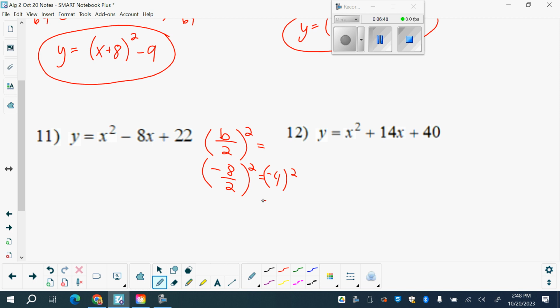That's great. You did that in one step. So we have y equals x squared minus 8x plus 16, and then we have a plus 22. And what are we going to do to offset that 16 that we added in there? Subtract it. And so what would this be as a square? X minus 4 squared. And then plus how much? 6.